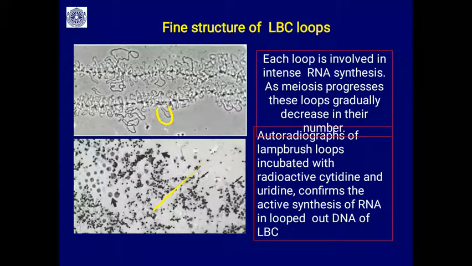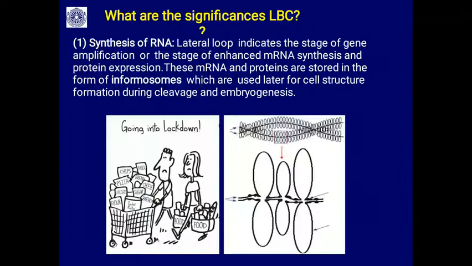This uridine can be tracked through the technique of autoradiography, and around the loop you will find dots, all of which correspond to the RNA synthesized in the loop region.